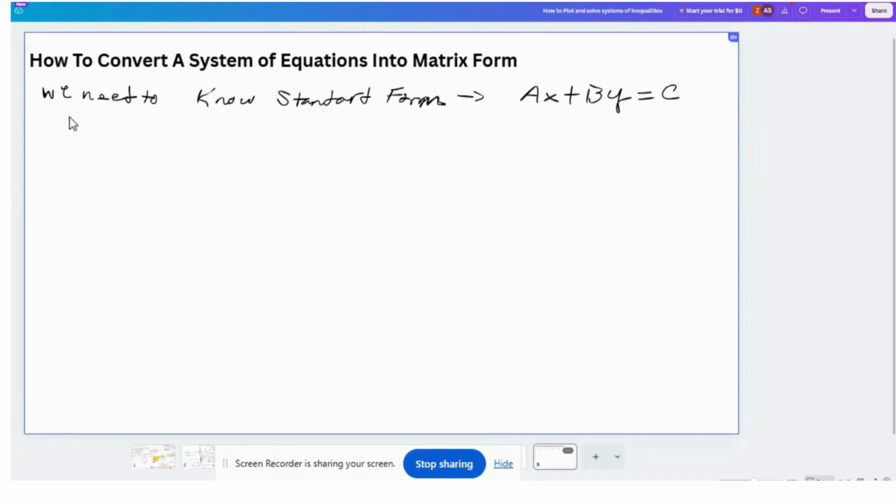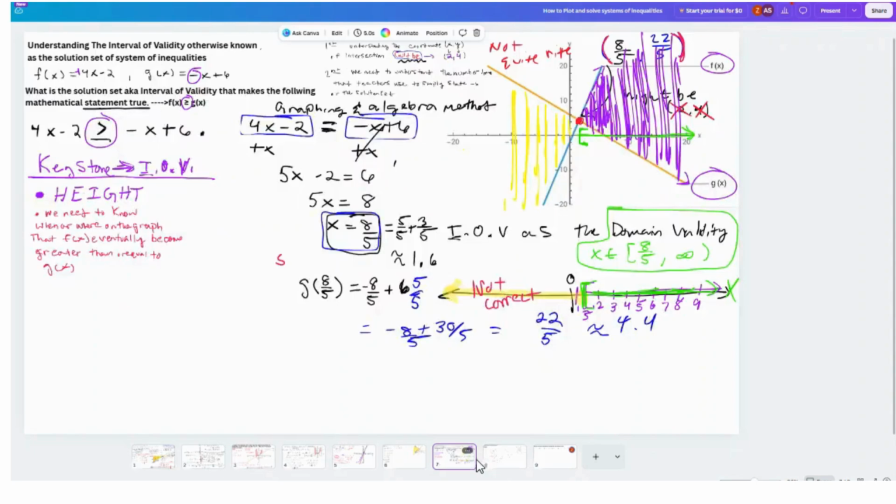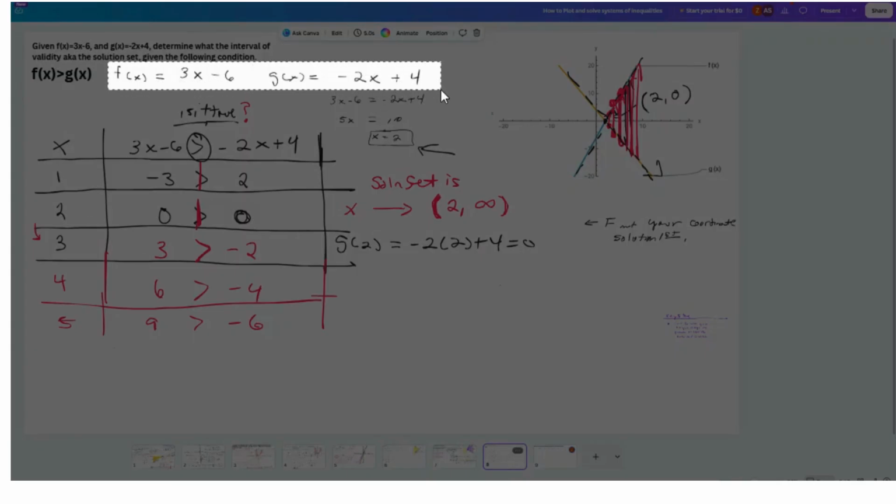Now, so far, in the previous videos, we've been given things like these. Let me look at some convenient ones. Let me get a good numerical solution set here, or coordinate solution, 2, 0 seems pretty nice. These two that we had prior, I'm going to take these and convert them.